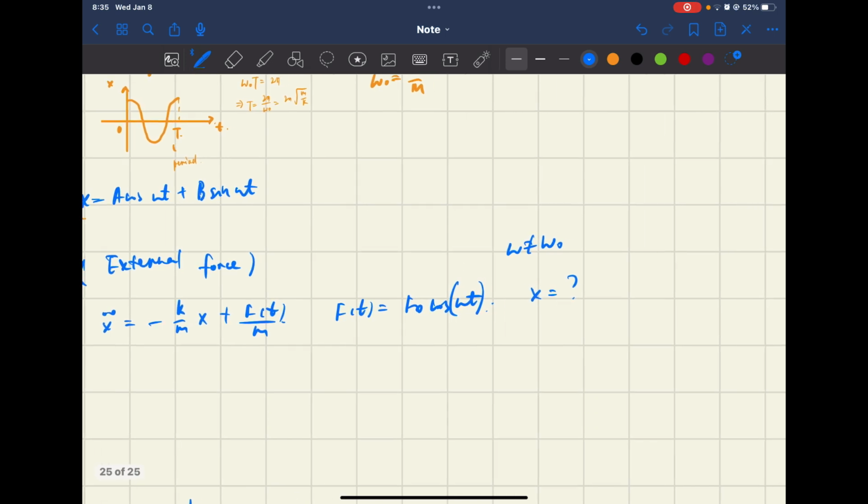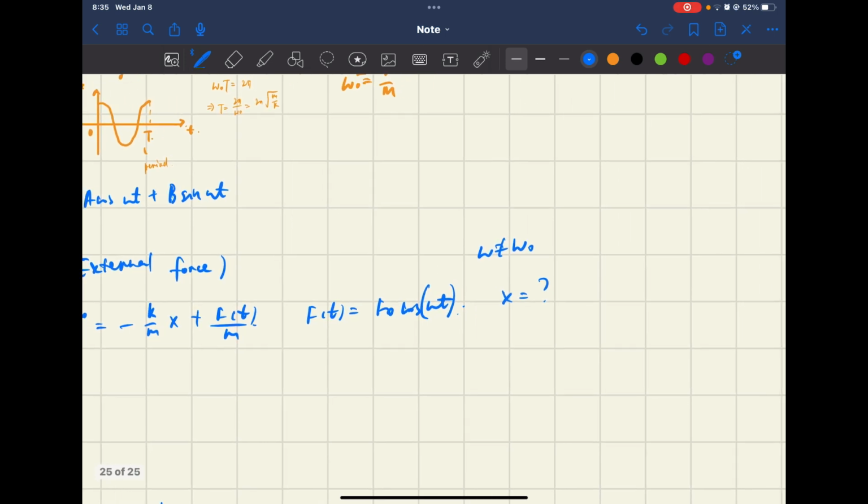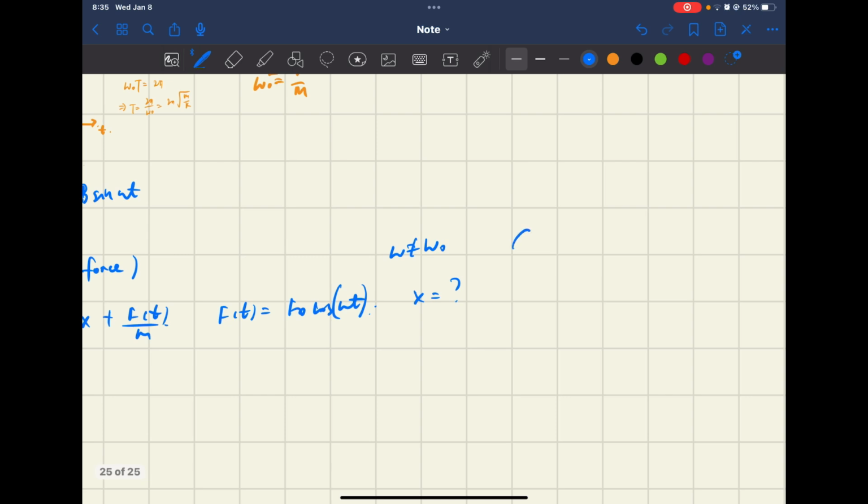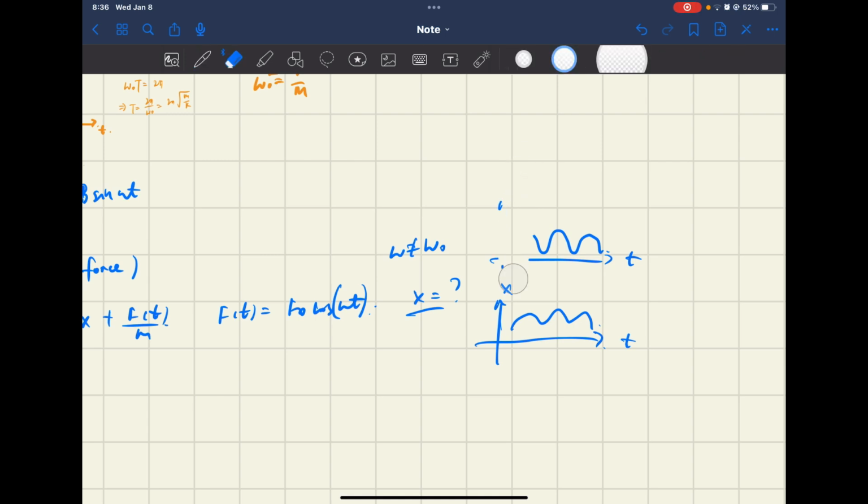Because the force is oscillating and guiding the system to do the motion, I think the motion of the system, the x over t, should have a frequency similar to the force, because it's guiding the system to do so. I think it's quite easy to understand.